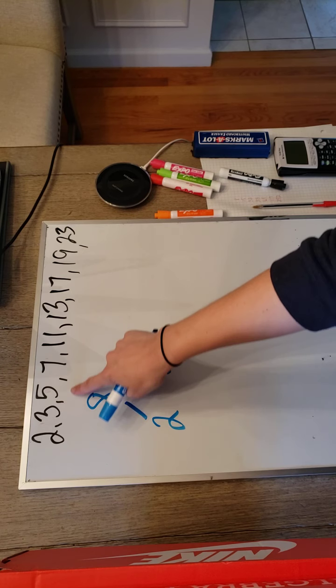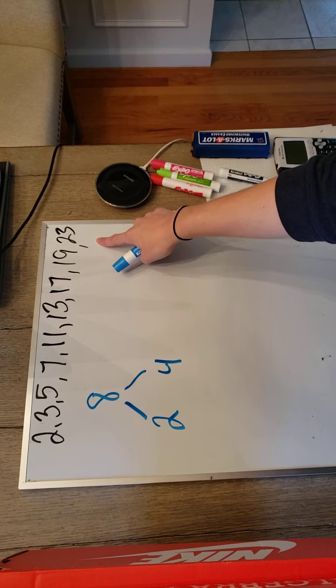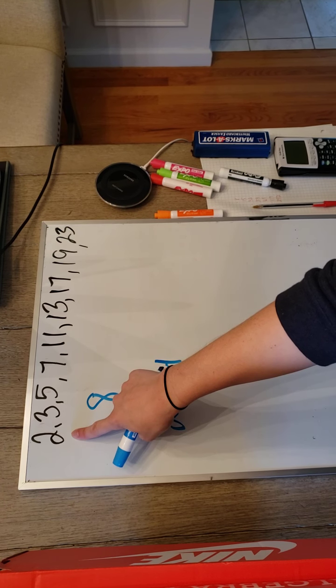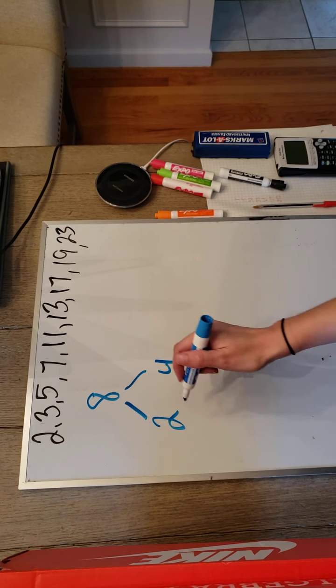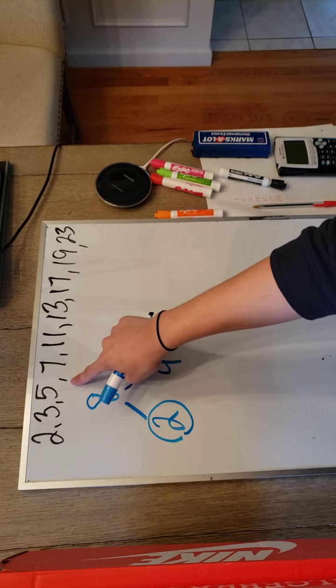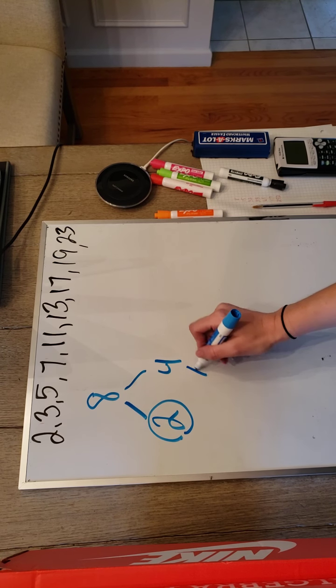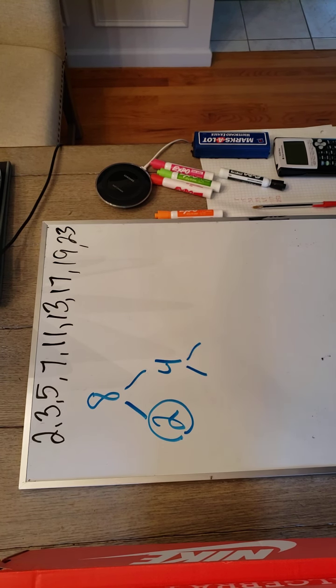Now you look at your list of prime numbers. Is 2 on your list of prime numbers? Yes, it is. Since it's on your list, you circle it. Is 4 on your list of prime numbers? No, it's not. So you do not circle it, and you draw two more lines coming down from it.